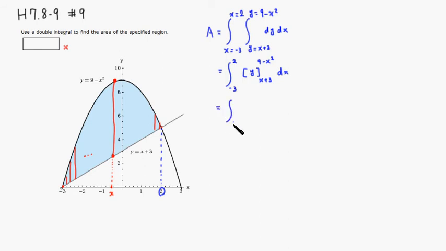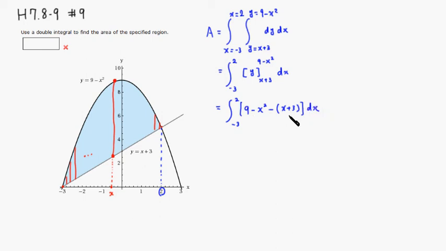Then plug in the upper limit, 9 minus x squared, minus the lower limit, x plus 3, and evaluate that with respect to x.